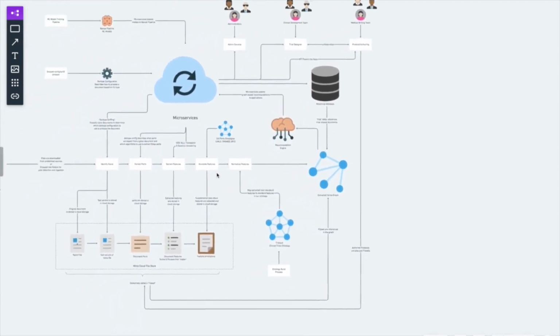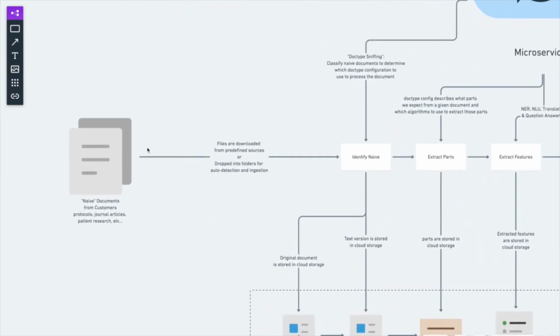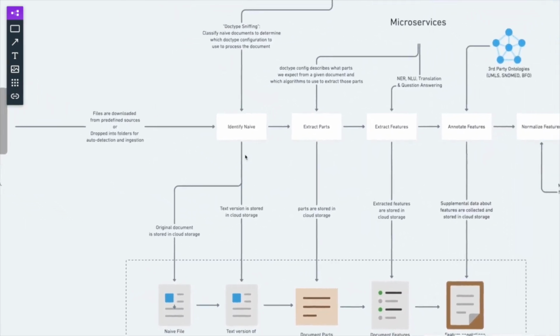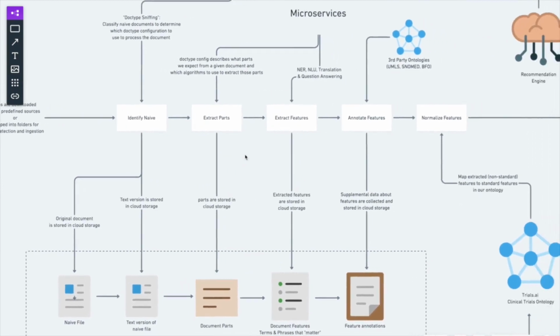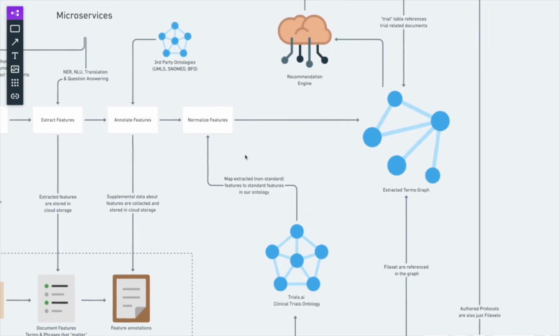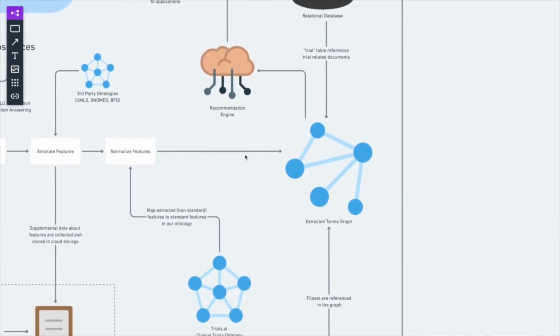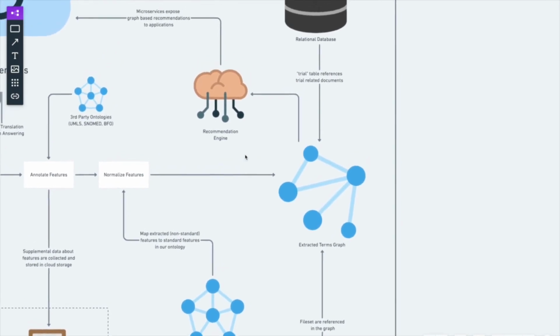The Bonsai pipeline is a system that leverages NLP-based machine learning algorithms to identify and extract features from trial-related documents and store them as normalized terms in a graph database. For the hackathon, we focused on applying this technology to some of the study-level data elements described in the user stories.